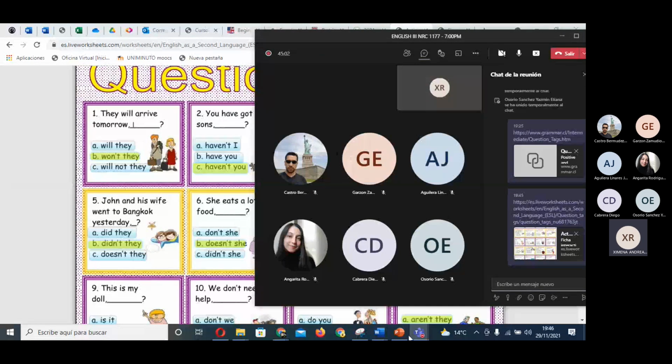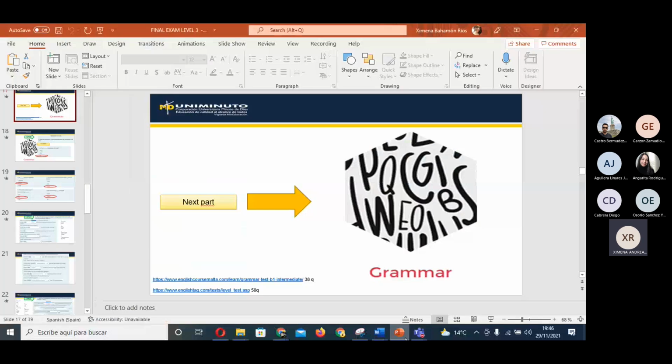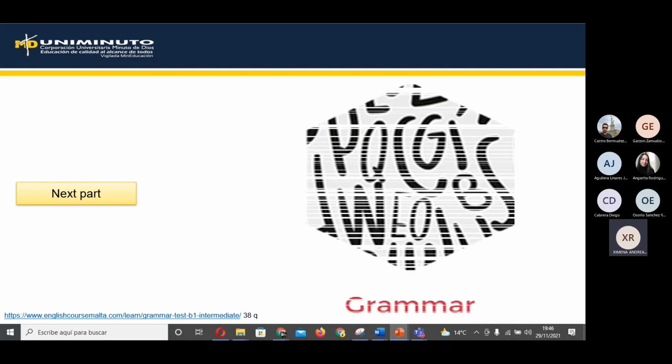So, let's continue here. Una parte, bueno, que quizás la vez pasada no pudimos analizar. Nosotros vimos toda la parte de vocabulario, pues la idea de estas sesiones también es establecer de pronto algunos ejercicios para gramática. Recuerden que nosotros vamos a tener, digamos que 3 habilidades que nos van a evaluar. Vocabulario en contexto, gramática en contexto y comprensión de lectura.